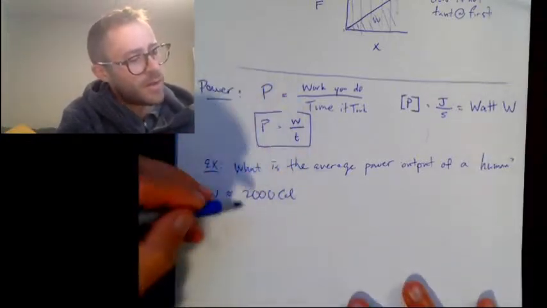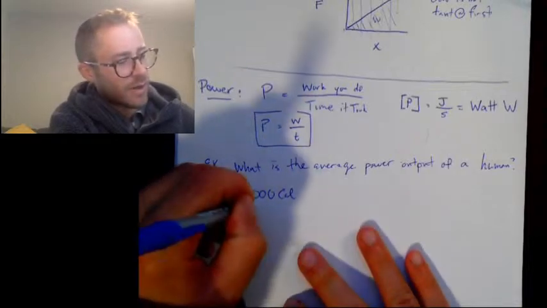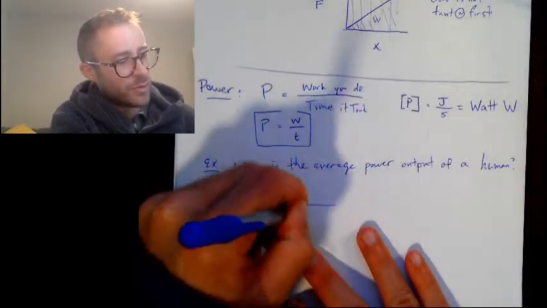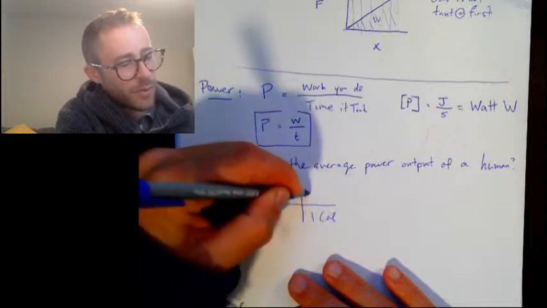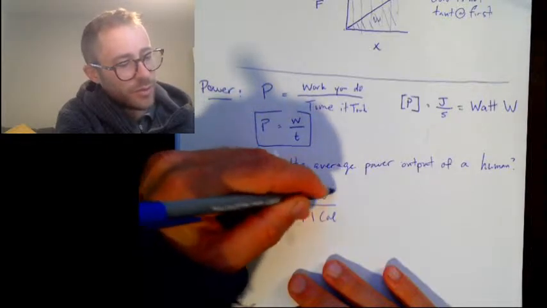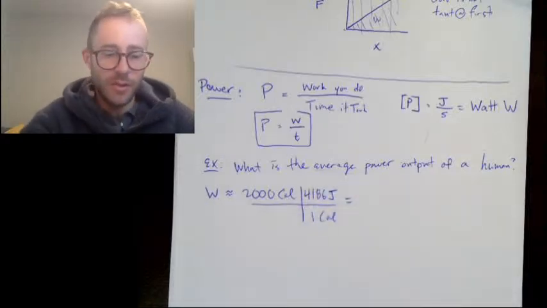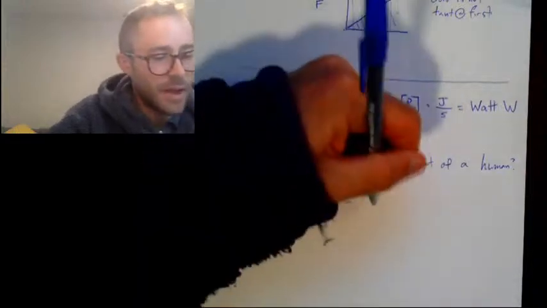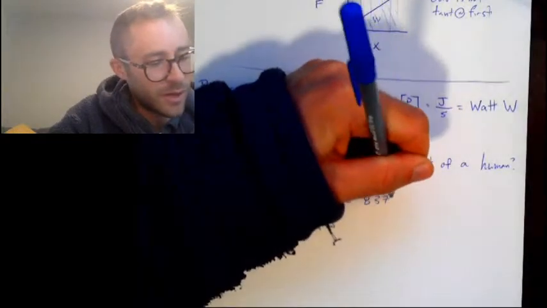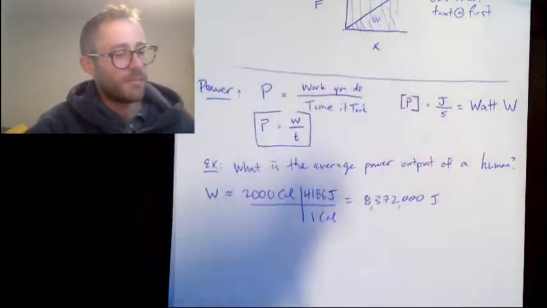All right? Work is going to be in joules per second, so we have to convert these calories to joules. And 1 calorie is 4,186 joules. So that means that every day you are doing approximately 8,372,000 joules of work every day.